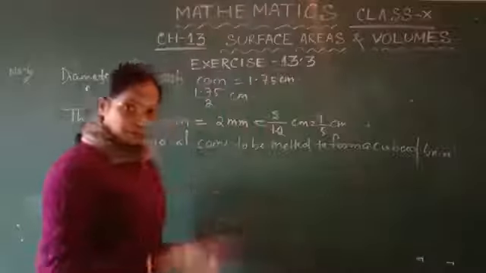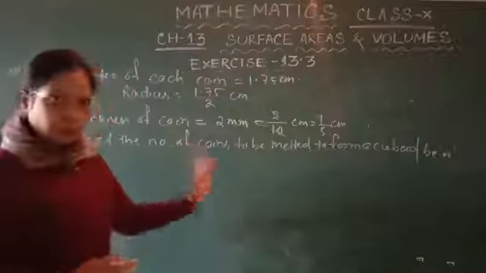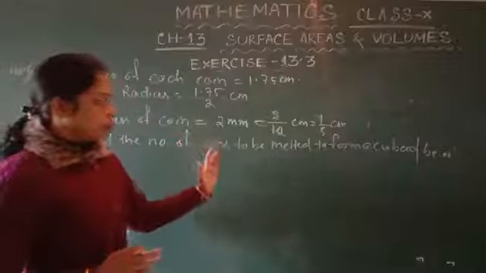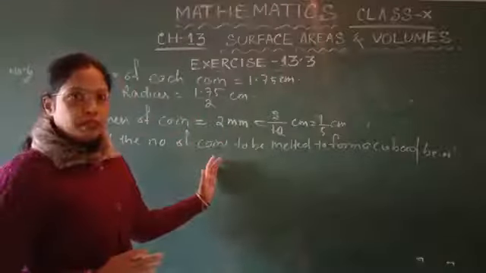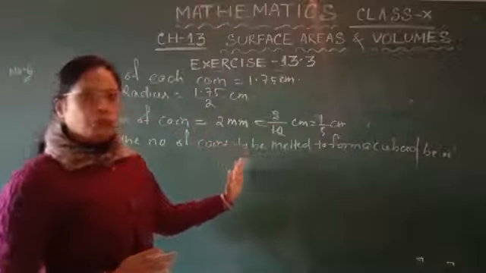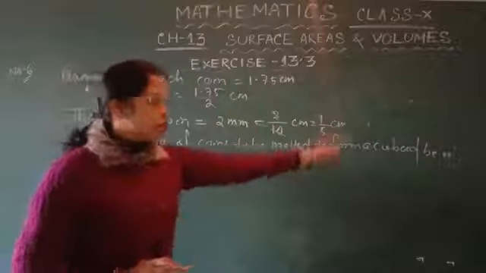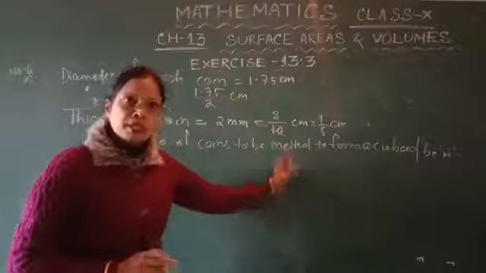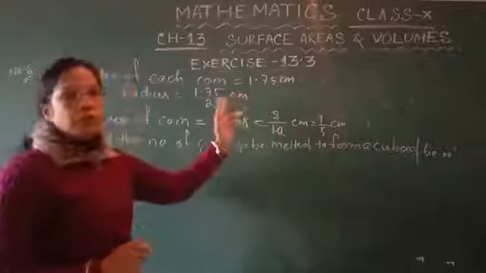So now you find what? The volume of the coins melted to form the cuboid, that is equal to n, where n means number of coins, into the volume of each coin.